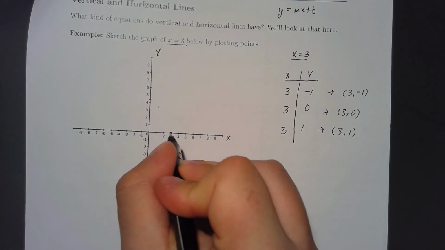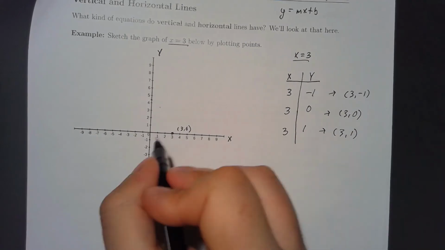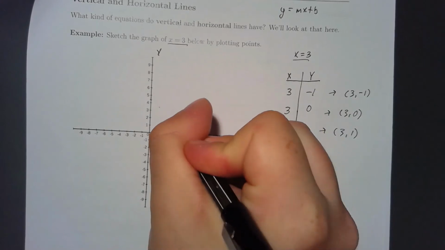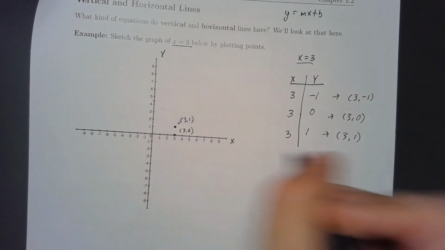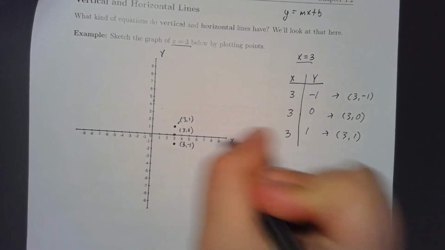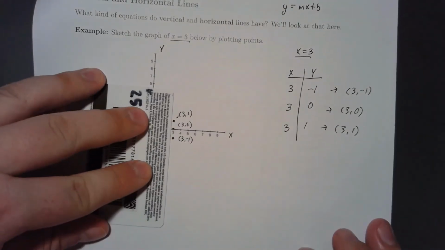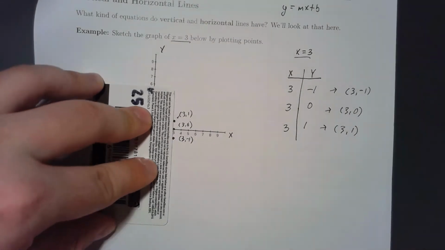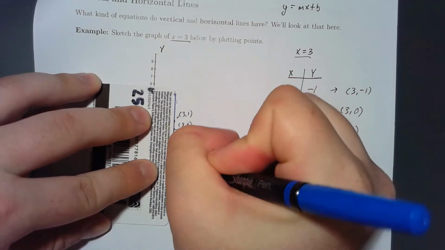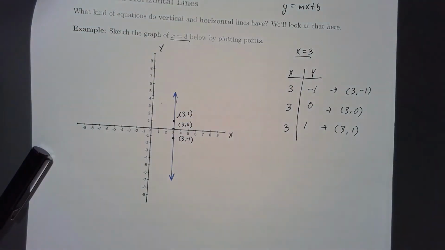So that's (3, 0), (3, 1), and (3, -1), so I go to the 3, down 1. If I plot those points, well, that looks like a vertical line, doesn't it? Because it is. It's a vertical line.